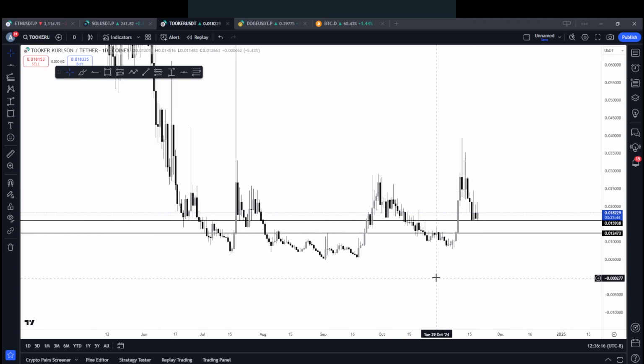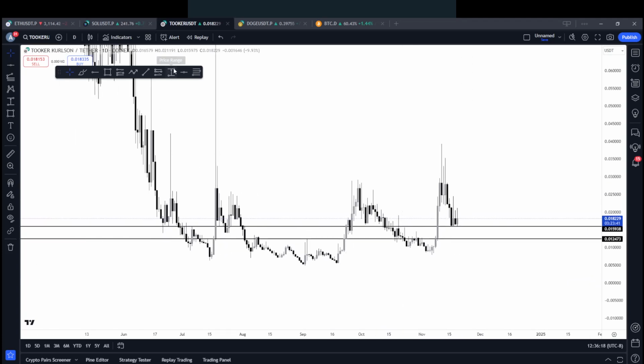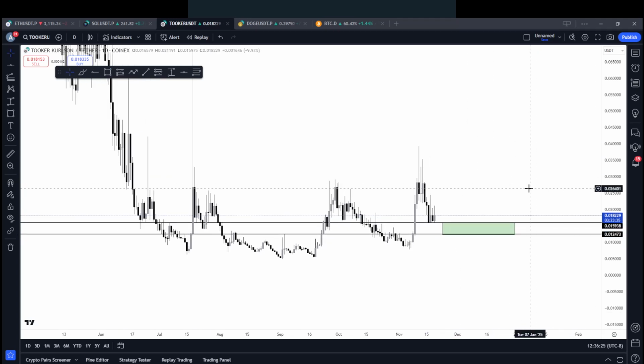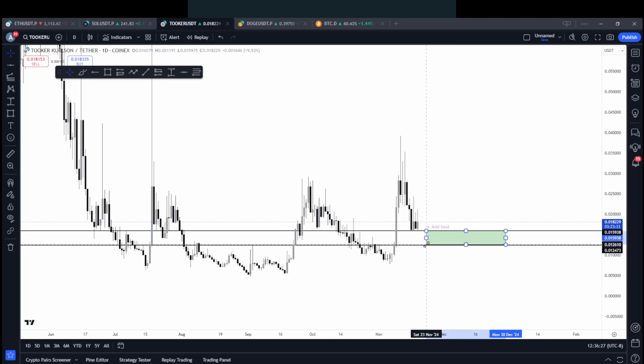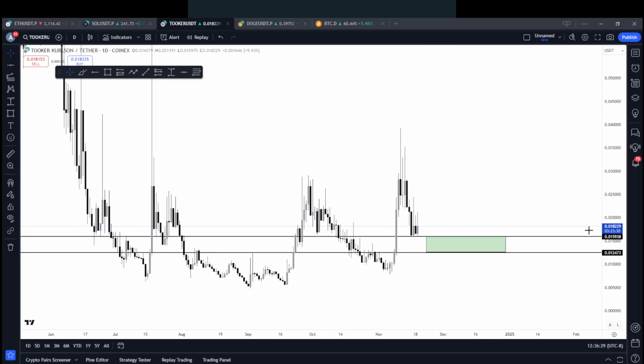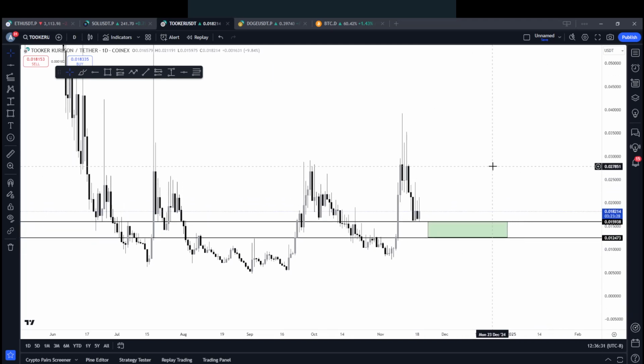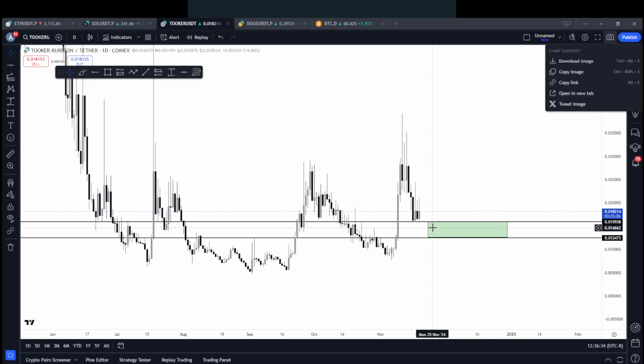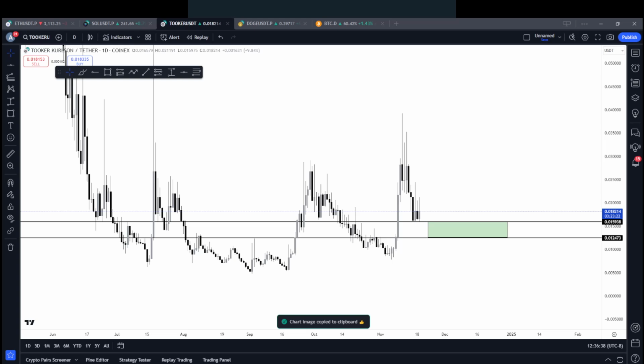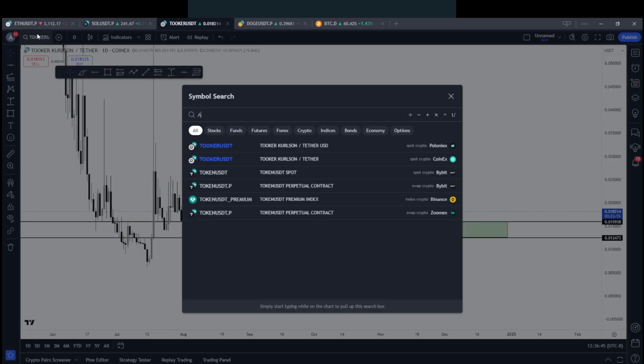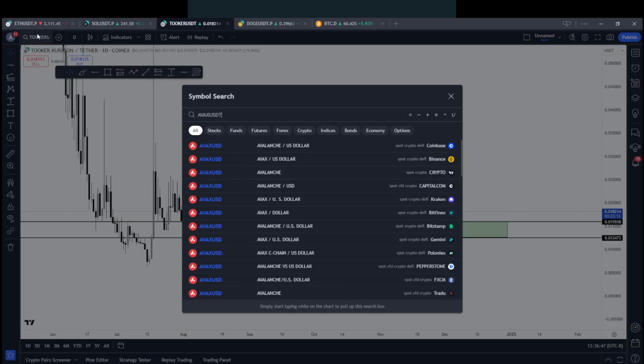This looks like a fucked up voodoo doll. But this would be your buy zone. This would be your buy zone. We're at the buy zone almost. Did you hear that sigh? So sad looking at this cycle.